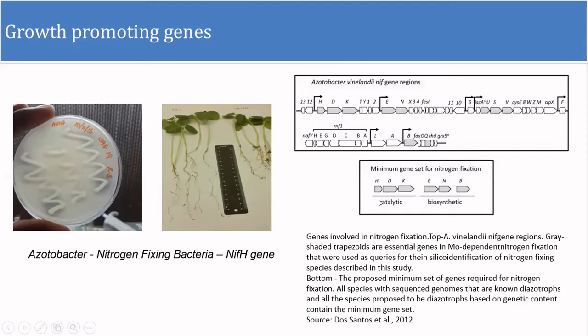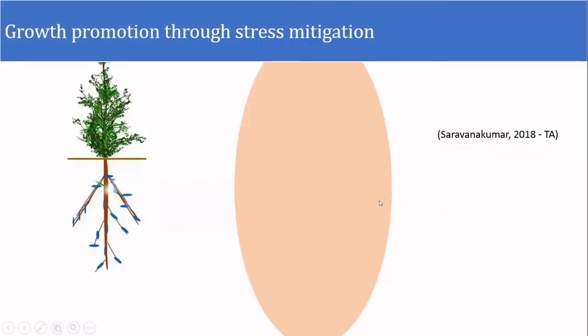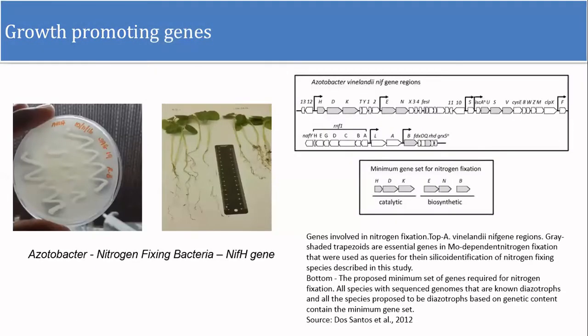If we have identified microorganisms which could potentially promote growth, and you are able to identify this gene, then it says that it has some property, and it could be kept for further testing and analysis.